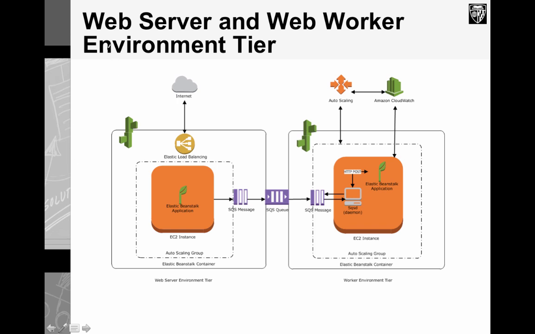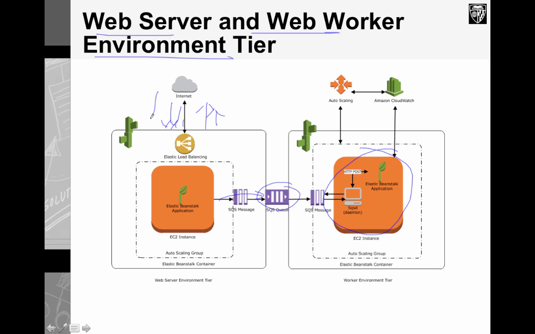You can actually combine your web server and web worker environments. For example, you may have clients coming in to your application, sending requests, you're processing them and giving responses back to the client. But then there are certain requests that may be put into a queue, and then there is a background web worker process that actually processes them and does whatever needs to be done.